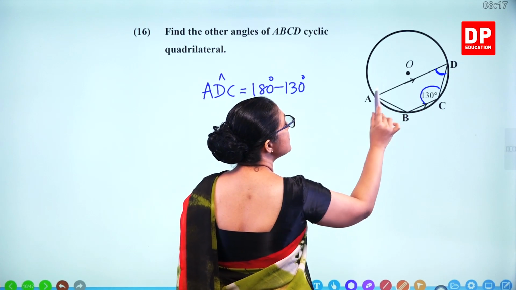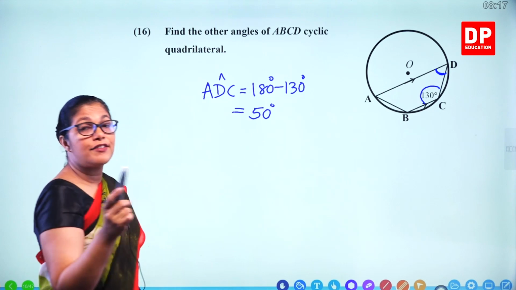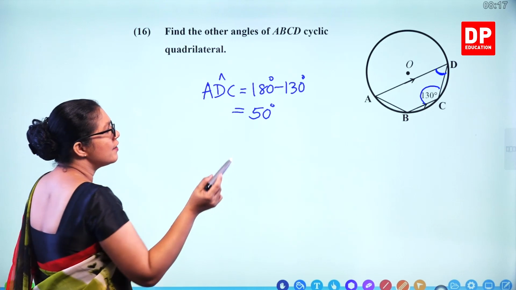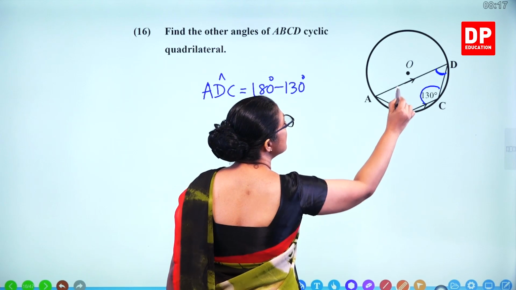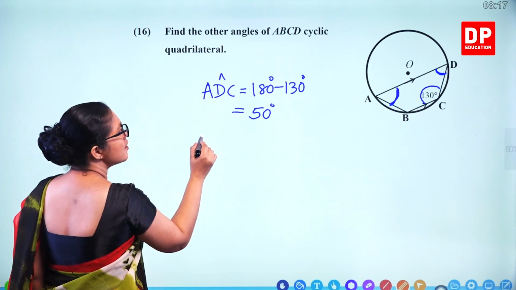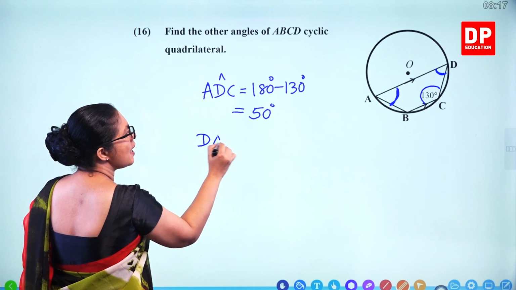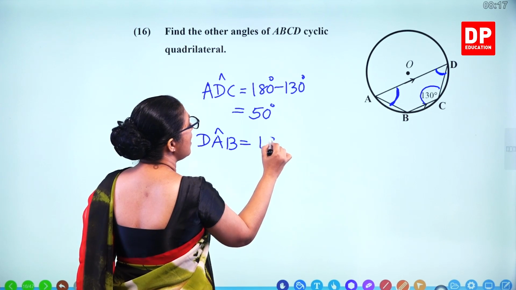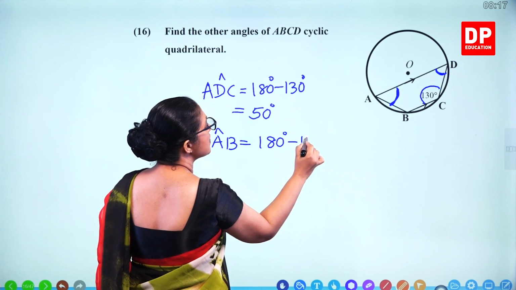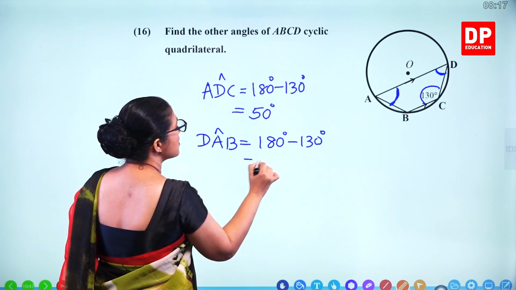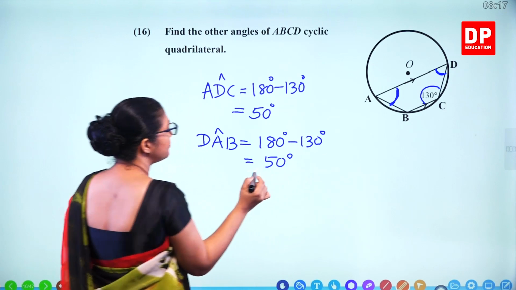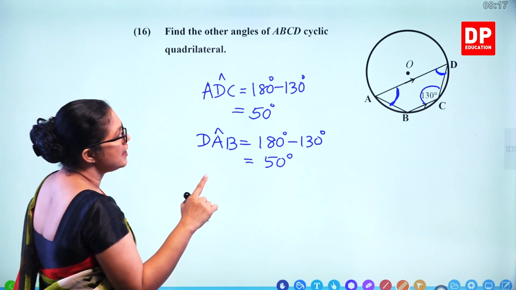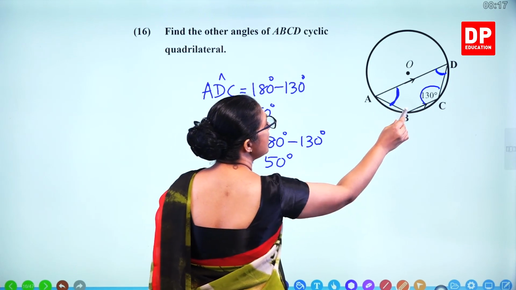Again, we know opposite angles of a cyclic quadrilateral add up to 180. So this and this also 180. So what is DAB angle? 180 minus 130. That's 50 degrees. Both are 50s and you can find this angle.